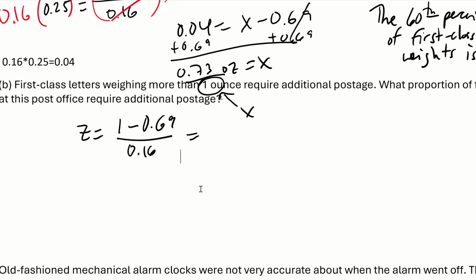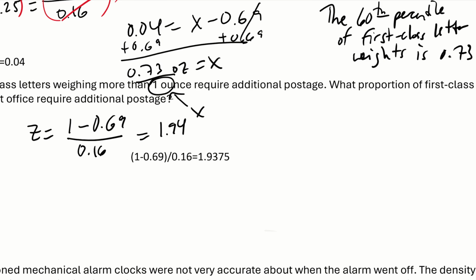Let's convert that to a z-score real quick. When you do this at once, put this in parentheses if you want to calculate it at the same time. So here we got a z-score of 1.94, to 2 decimals.